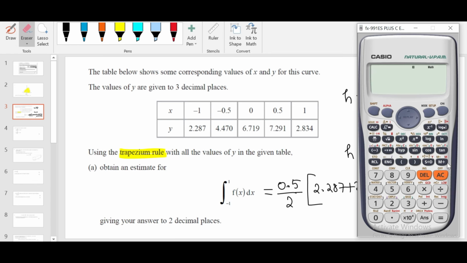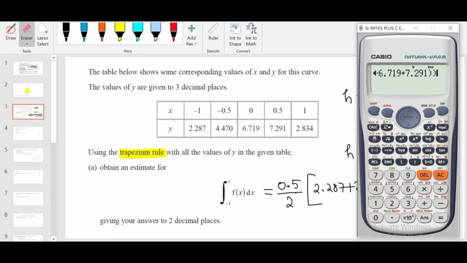So I'm going to use my calculator now. 0.5 by 2 is 0.25, times 0.25 times the first y value, which is 2.287 plus 2.834 plus 2 times the sum of the rest of the y values: 4.47 plus 6.719 plus 7.291.